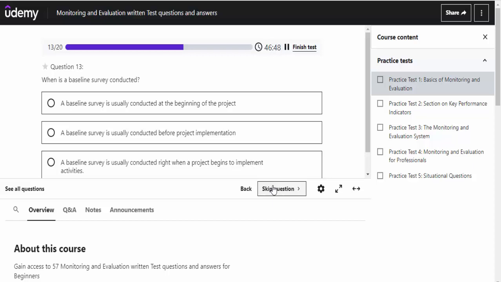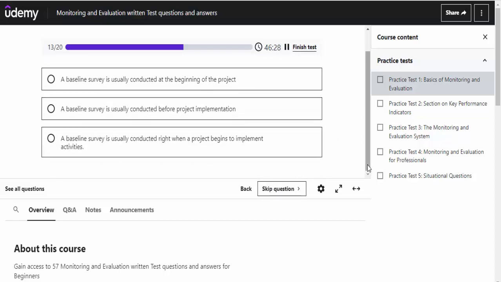When is a baseline survey conducted? A baseline survey is conducted at the beginning of the project. Yes, that is true, but let's see what the best answer is. A baseline survey is usually conducted before project implementation. Yes, that's true, but what is the best answer? A baseline survey is usually conducted right when a project begins to implement activities.